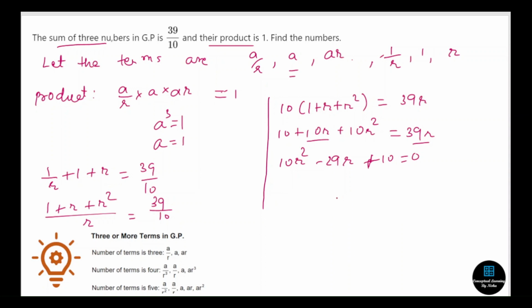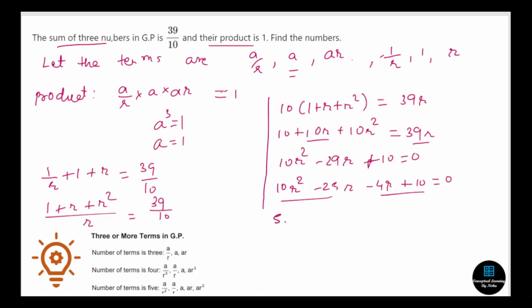I hope you know that method, and if you don't, I'm going to give the link in the description box so you can watch that video. So 10 times 10 is 100 and 25 times 4 is 100. So I can say that 10r square minus 25r minus 4r plus 10 equals 0, and grouping this and factorizing.